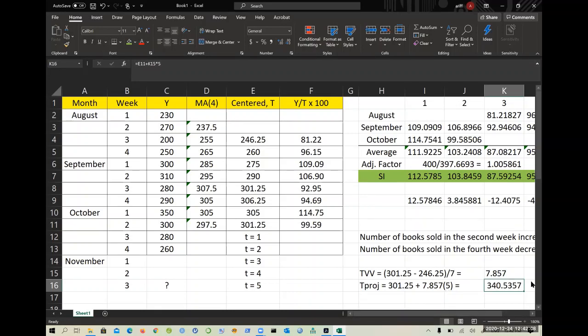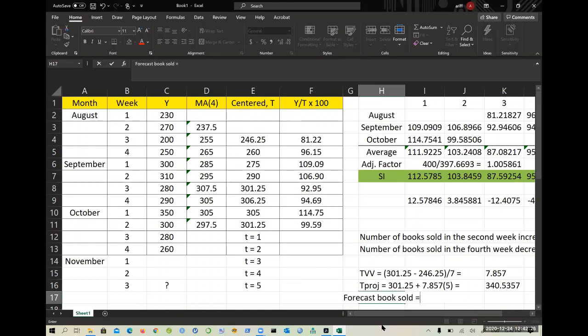Okay, you get 340.5357. And then finally, calculate the forecast of books sold. So this will give you the T projected multiplied with the seasonal index.